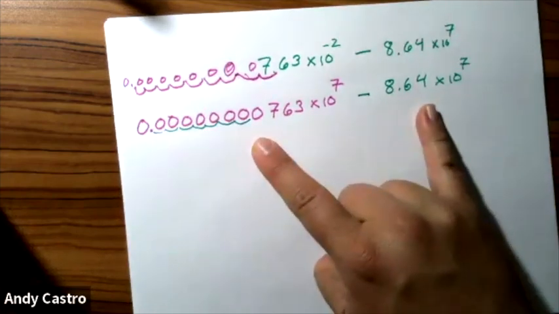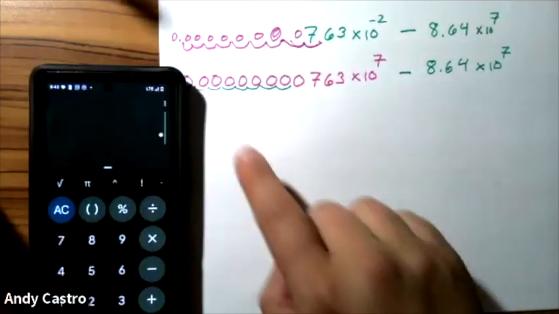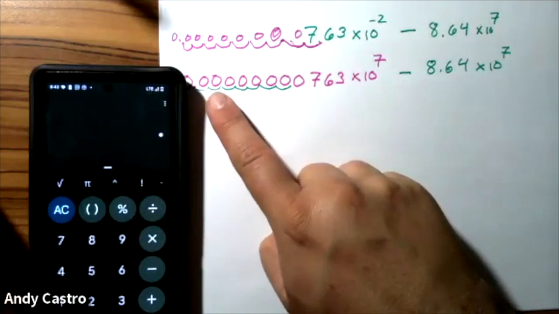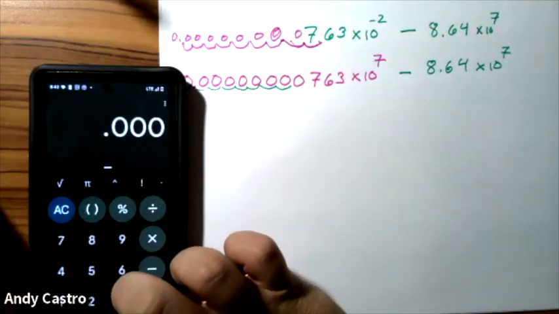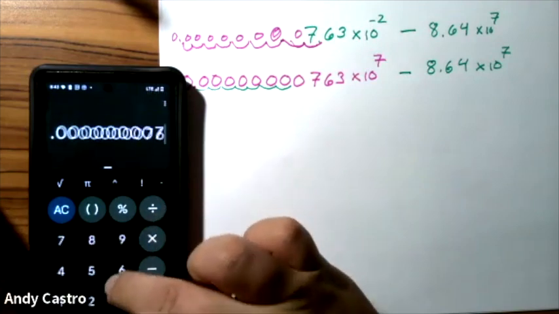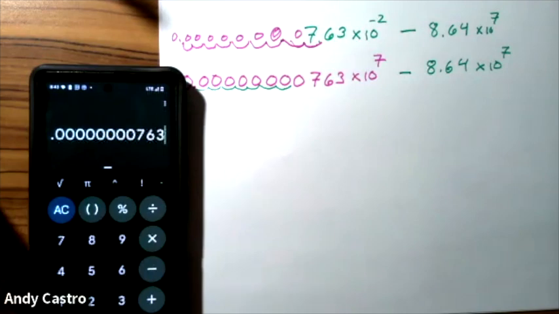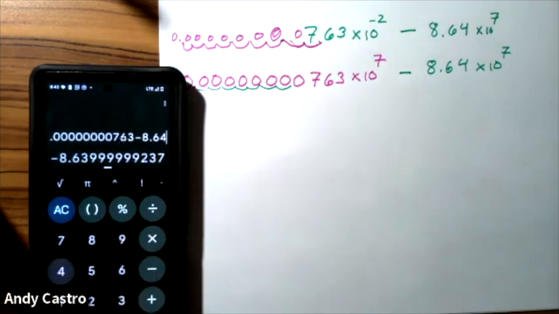Now I can subtract. So we'll see if my calculator can go that tiny on this number. So let's see, I've got 1, 2, 3, 4, 5, 6, 7, 8 zeros, 763. All right. And we're going to subtract 8.64.